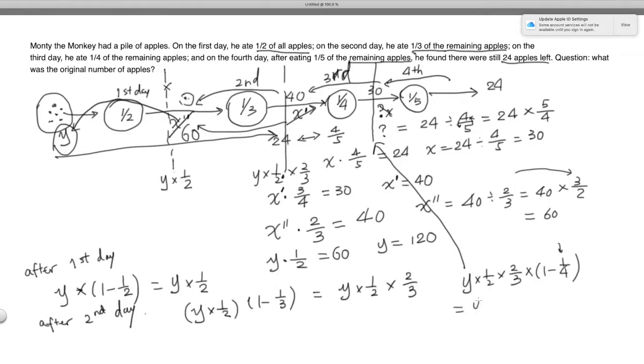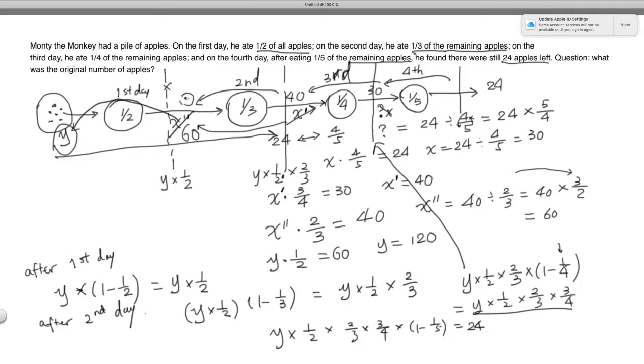So this equals y times 1/2 times 2/3 times 3/4. Finally, if we start with this number, what remains after eating 1/5 is y times 1/2 times 2/3 times 3/4 times (1 minus 1/5), which equals 24.